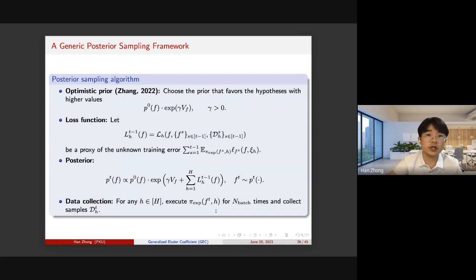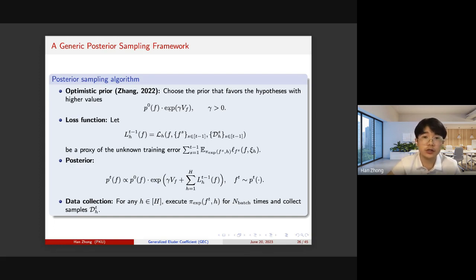The posterior sampling involves the following four steps. First, we choose an optimistic prior, which was proposed by Professor Zhong, the feel-good posterior sampling. I think Professor Zhang has presented his work in this seminar. Specifically, we can choose a prior that favors the hypotheses with higher values.